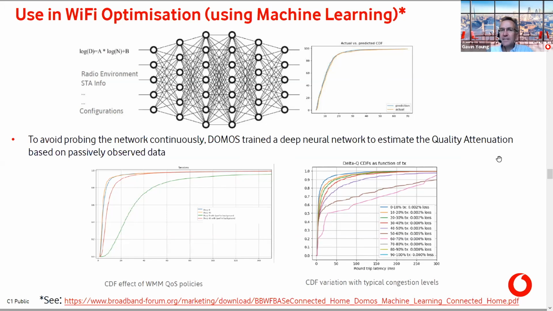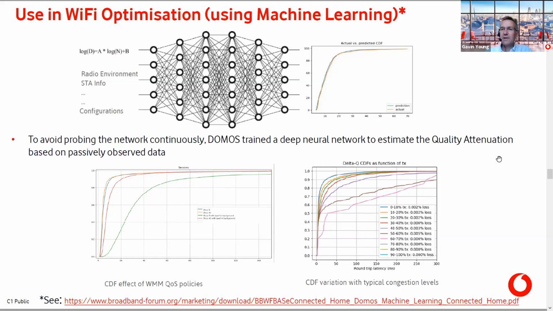And if you can predict it, and you also understand the application requirements of the traffic going over that Wi-Fi, then you can dynamically adjust the quality of service markings to certain traffic flows to make sure those that can tolerate a bit of loss or a bit of latency, they're the ones that are assigned the degradation, if you like, and the ones that are less tolerant get a cleaner path across the Wi-Fi.